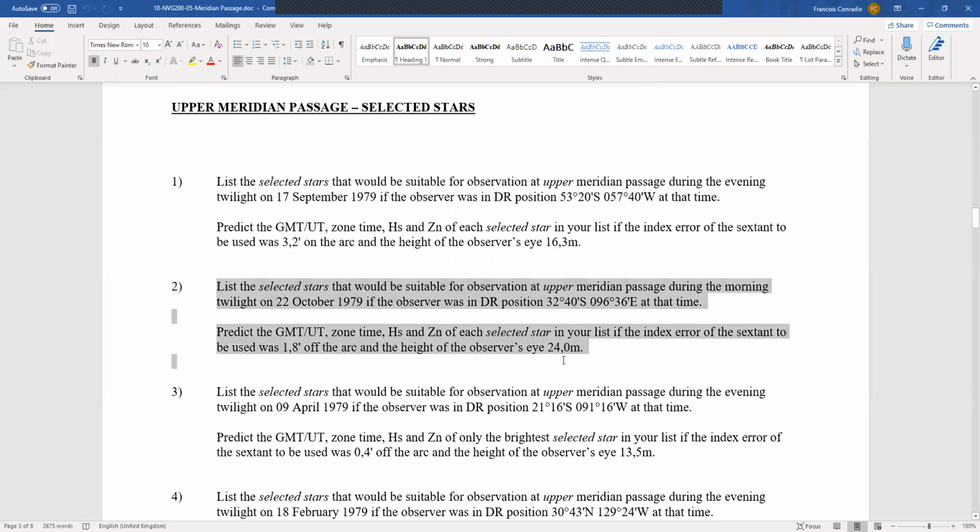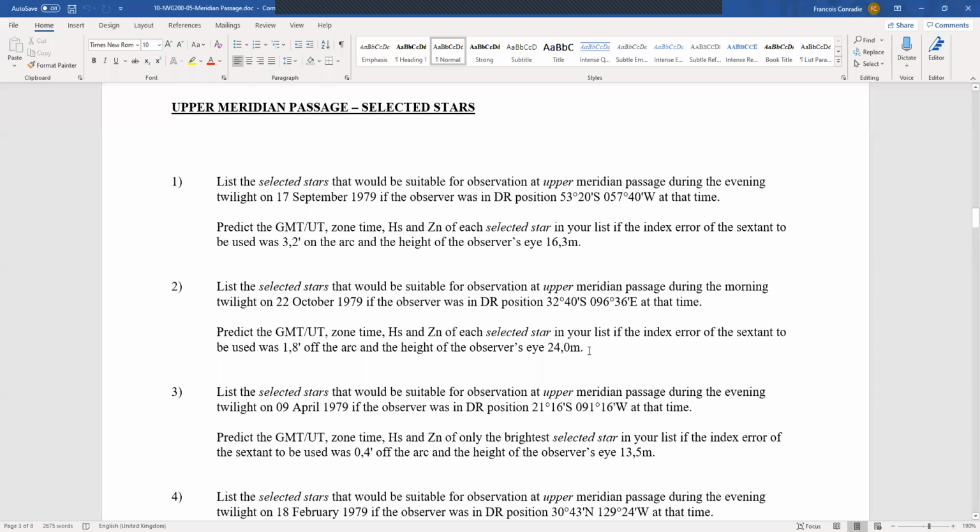And you note that it says they list the selected stars that would be suitable. So the first thing when we're dealing with stars, so when we're at Sun and Venus, any calculation on that, you exactly know what body it is you're dealing with. But with the stars, you're looking at tomorrow morning, isn't it? Because the whole point of these kind of questions is that you're planning for a later time.